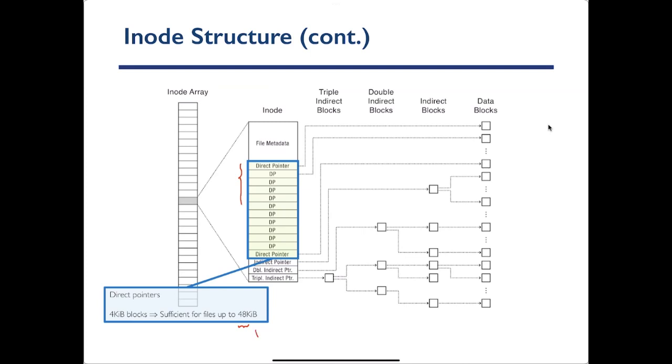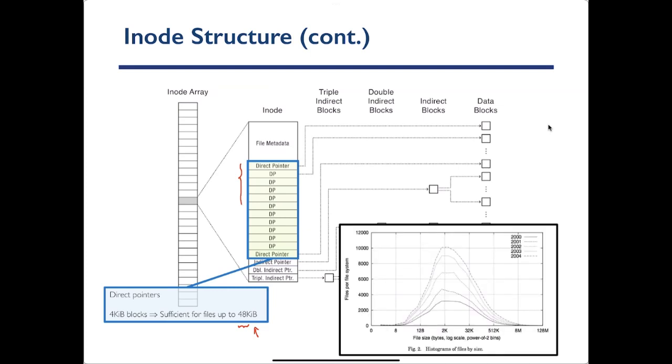Now, obviously, not all of our files are under 48 kilobytes. So if your file is bigger than this... flashback, this shows you what they were thinking, right? Most of our files are small. So this inode structure will cover the majority of our files.